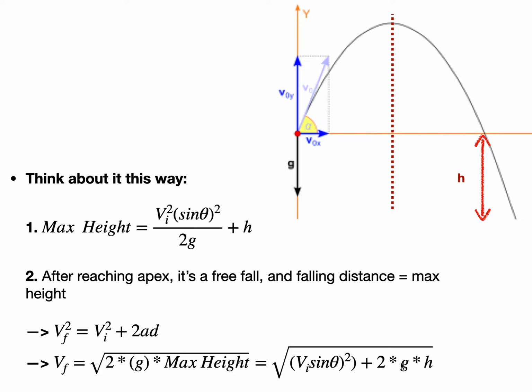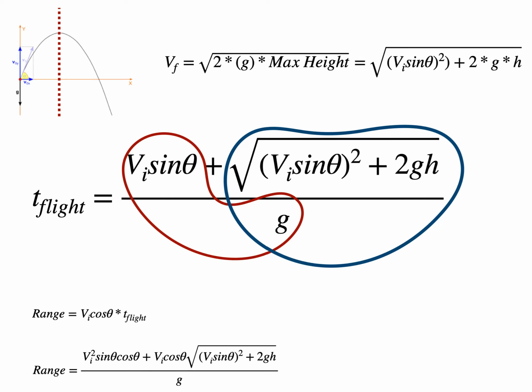Okay, why do we want to get the final velocity? This is the equation for total flight time with projection height. Think about the first term, the red circle, vi sine theta divided by g. Vi sine theta is the vertical velocity at the beginning, so that means how long gravity takes to bring this velocity to 0. So that's the time from here to the apex.